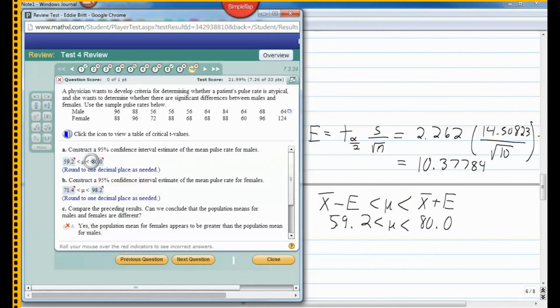Yes, we did, 59.2 and 80.0. Alright, so that's how we find the males.